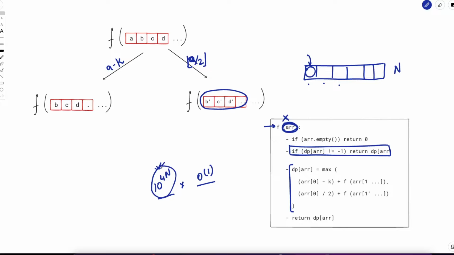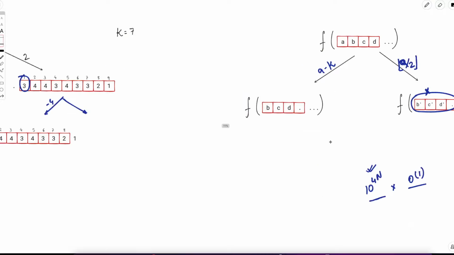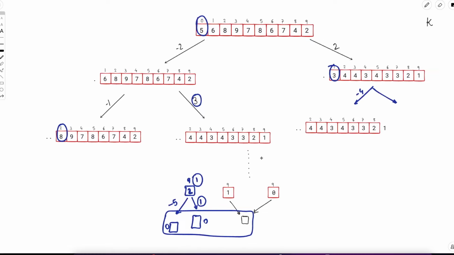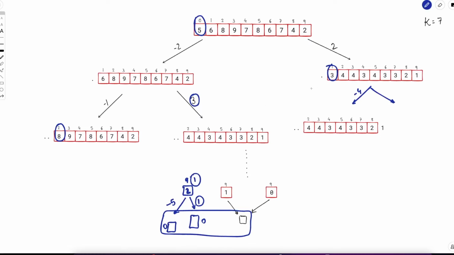In other words, what we are saying is we don't want to modify any of these, but even then we actually want the value of b dash, c dash, d dash whenever we reach there, right? So we don't want to make it 3, 4, 4 and other things.